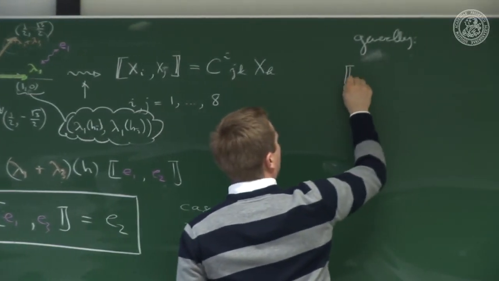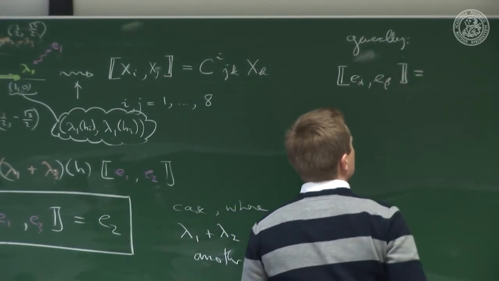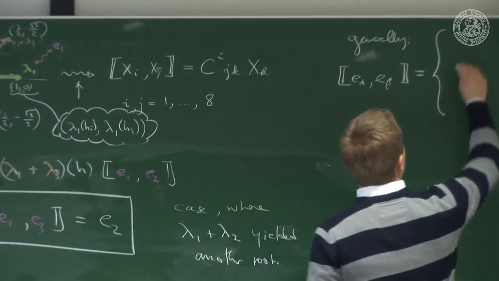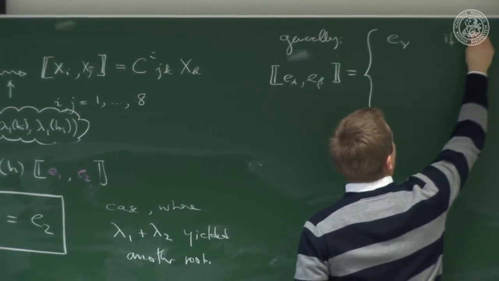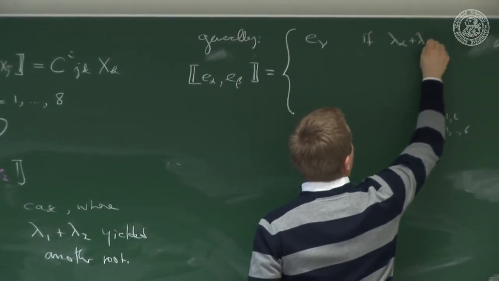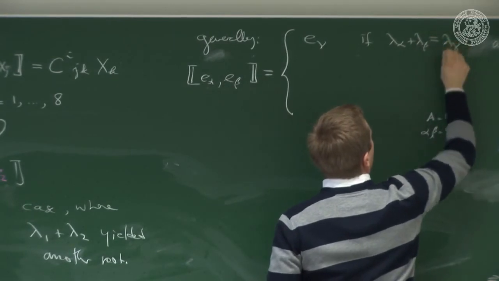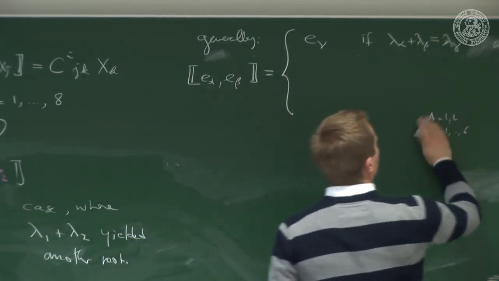Generally, the commutator of E alpha with E beta equals, now we have three cases, and we just clarified case 1, that is in E gamma, if lambda alpha plus lambda beta, the corresponding roots, add up to the lambda gamma. Okay, that's this case.